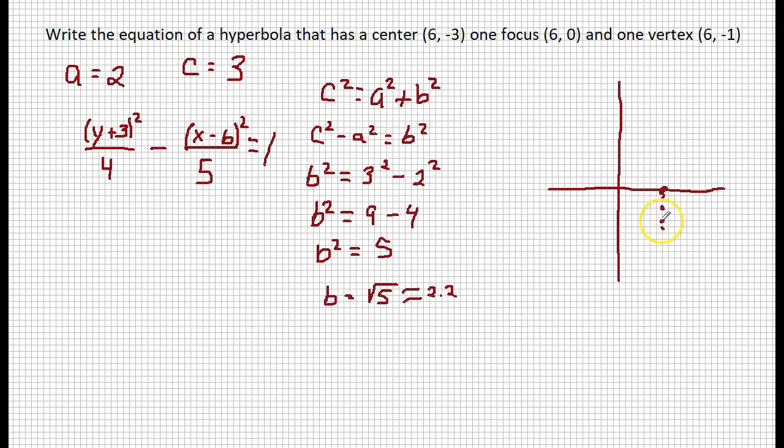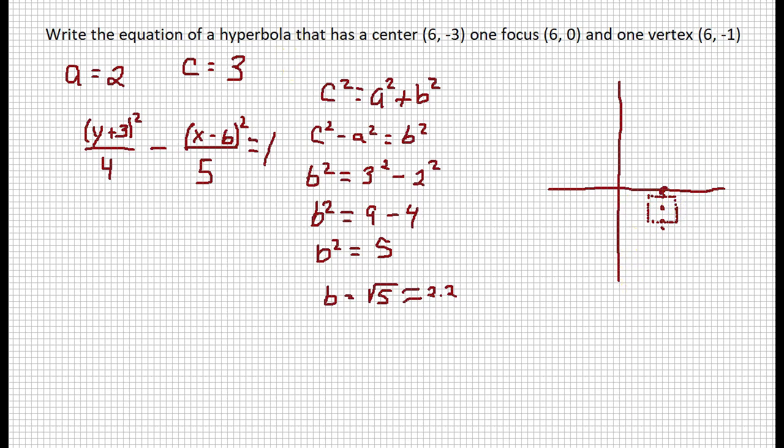All right, so we've got our distance for a. b is 2.2 units. So from here, I move out 2, and 0.2 is about there. So we're going to draw our little box, go out 1, 2.2, go up, there's our box.